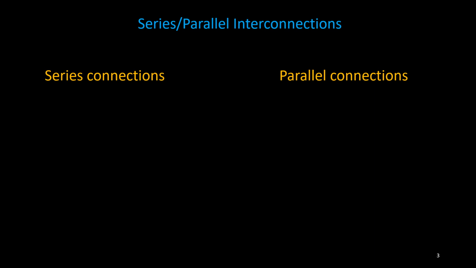And you know that two elements are connected in series if they are connected one after another and the same current is flowing through the elements. So these are the two elements, they are connected one after another.